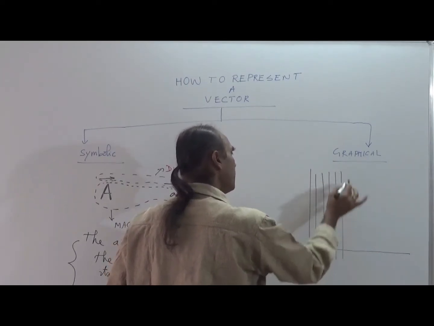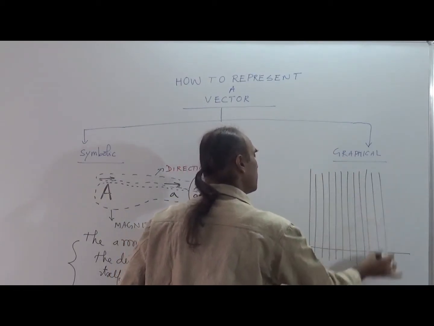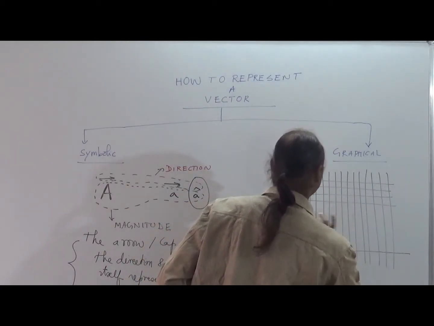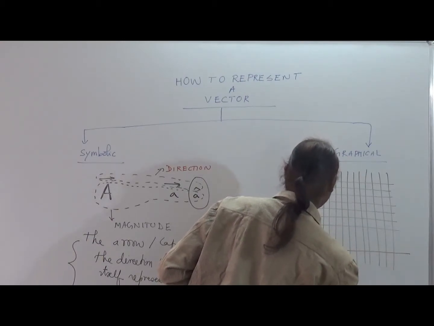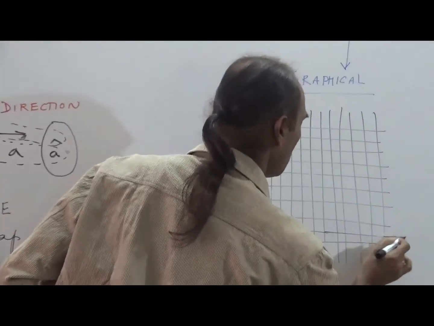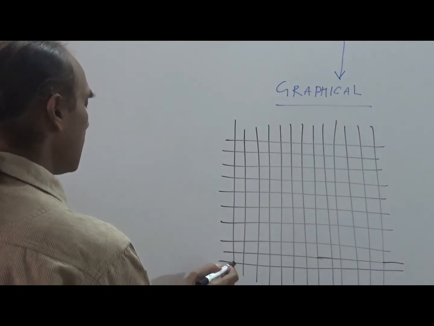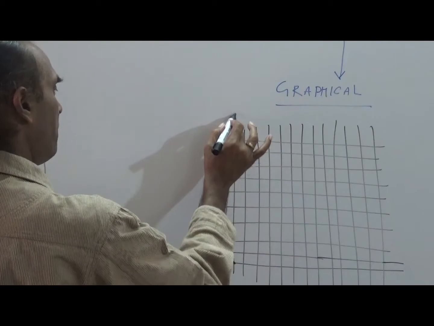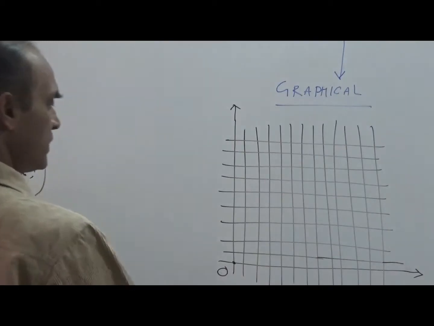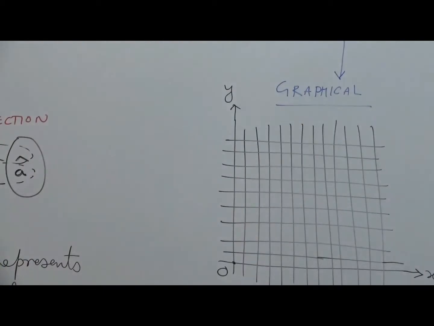Let me prepare a graph paper by drawing horizontal and vertical lines, or directly you can bring a graph paper. In the graph paper, this is the origin, this is the y-axis, this is the x-axis.